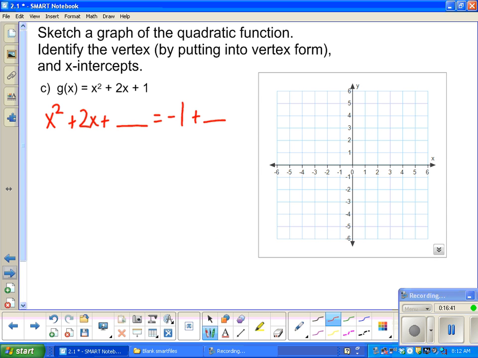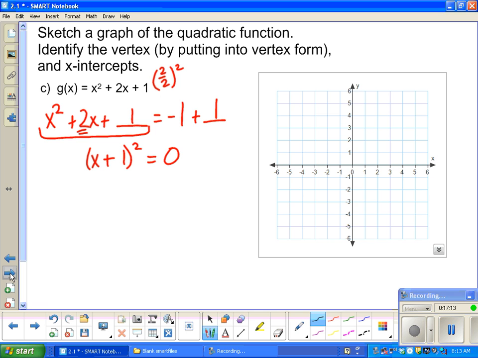Remember, if we add things to both sides, we don't change the value. To complete the square, you take your b value, divide by 2, and square it. So that's 2 divided by 2 is 1, 1 squared is 1. I'm going to add 1 to both sides. This trinomial is a perfect square. So I'm going to factor, and it factors to x plus 1 squared equal to 0.